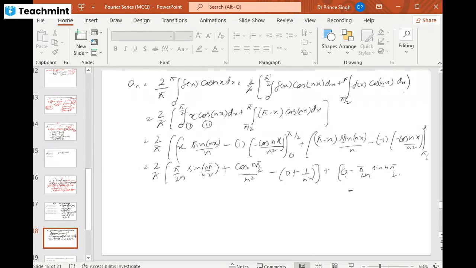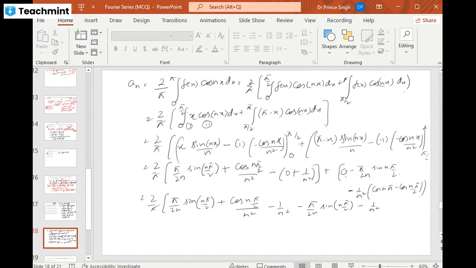We have a negative sign, 1 upon n square, cos n pi minus cos n pi by 2. So if we open this bracket, this is pi by 2n sine n pi by 2, cos n pi by 2 upon n square, minus 1 upon n square, minus pi by 2n sine n pi by 2.